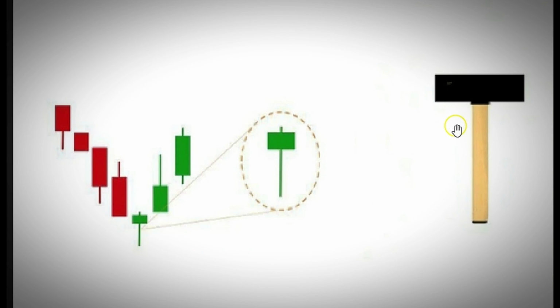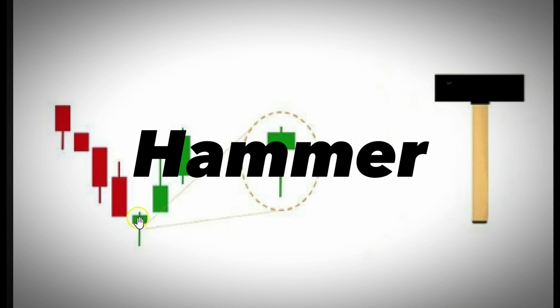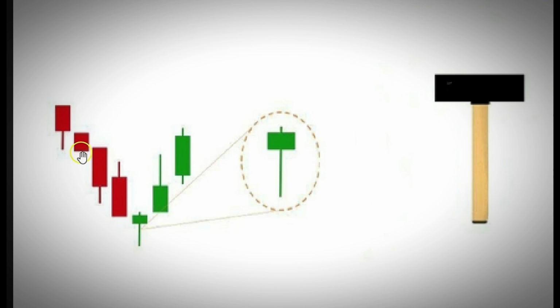If this pattern appears at the ceiling, it's known as the hanging man pattern. And if it appears on the floor, it's known as the hammer. The hammer is a bullish reversal candlestick pattern that's formed when the price of a security opens low, falls to a lower low, and then rallies back up to close near the open.